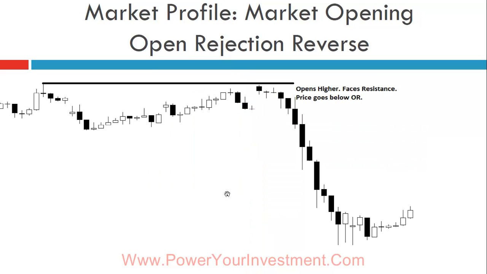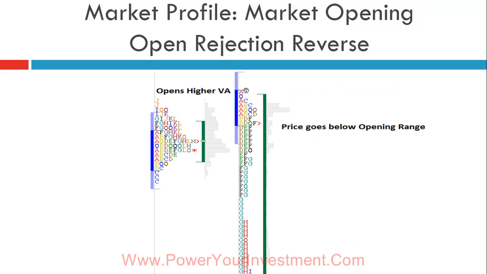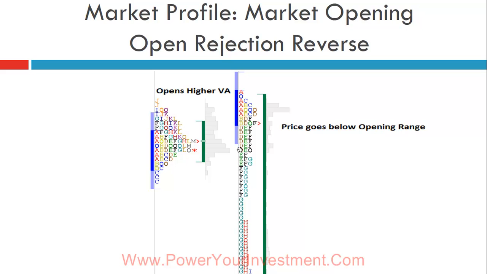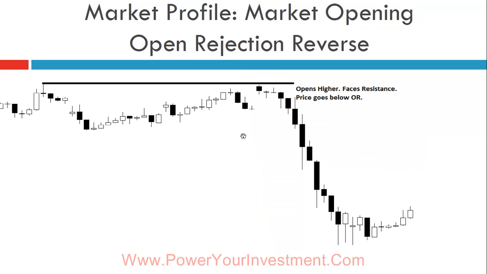Yeah, so see, this profile, it's this action. And this is for this profile. Alright, now see what happens. The market gaps up, and there's a previous resistance out here. It takes the resistance and just keeps going down.